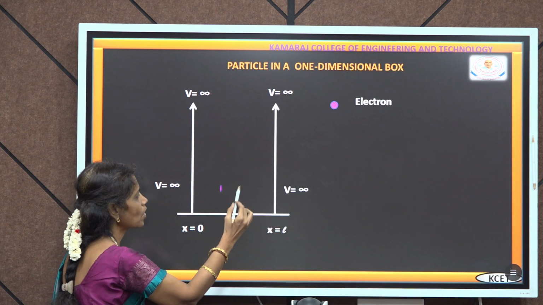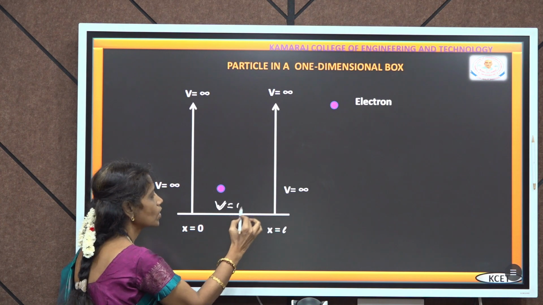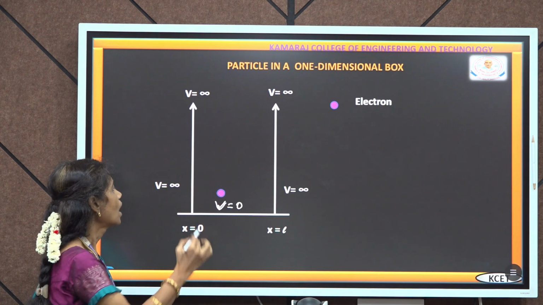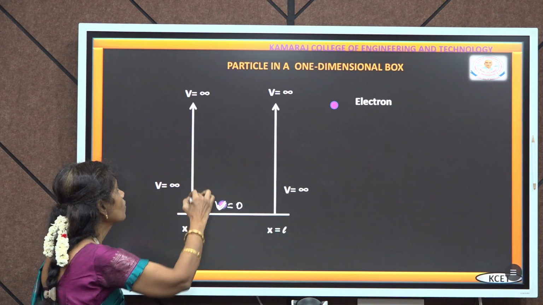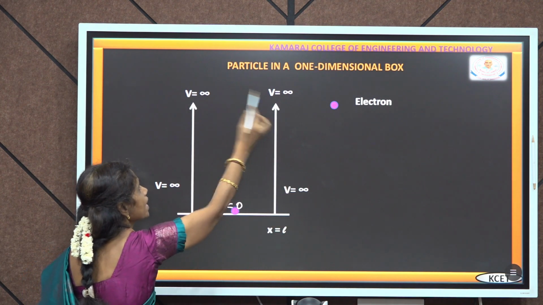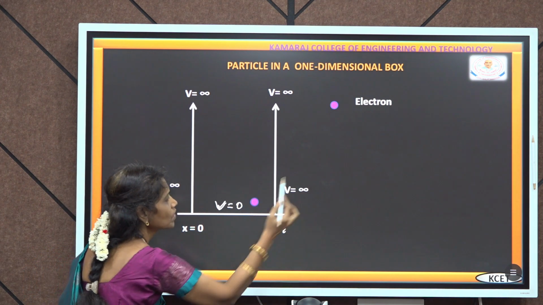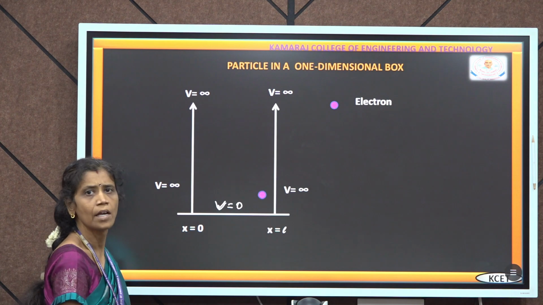Inside the potential box, the potential energy V is equal to 0, and at the walls of the potential box, the potential energy is infinity, and outside the box also the potential energy is infinity.